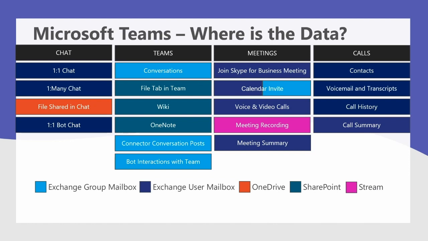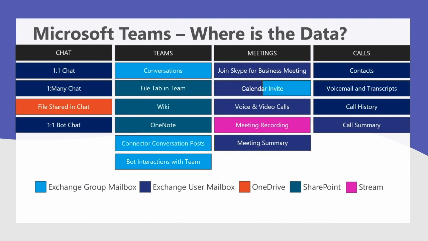If people are in one-to-one chats or using the chat functionality to speak with many people, then those conversations, both what people said and the replies, are stored in each user's mailbox. Any files that are shared in the chat are going to go into a folder in their OneDrive that's automatically created. And then, of course, inside a team, files are always stored in a SharePoint site that's behind the scenes for each team.